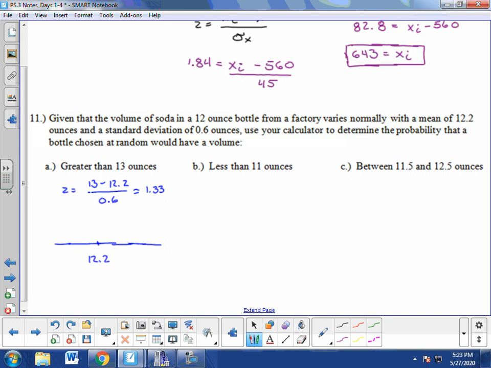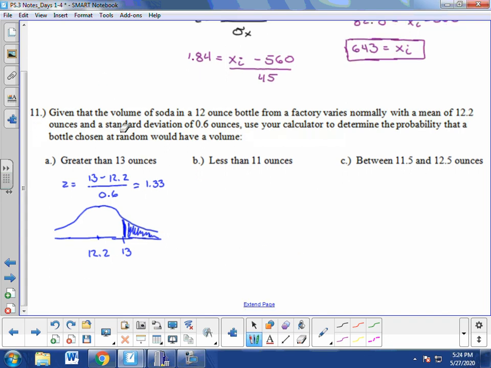And here's a rough sketch of the normal distribution curve. And here is 13 ounces. So I just randomly put 13 ounces on there. What I'm looking for is what's going to fall in that shaded region. That's all I'm really concerned with. What percentage is going to fall in that shaded region above 13?